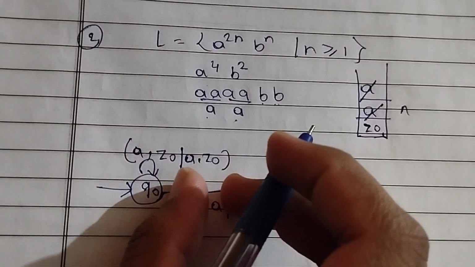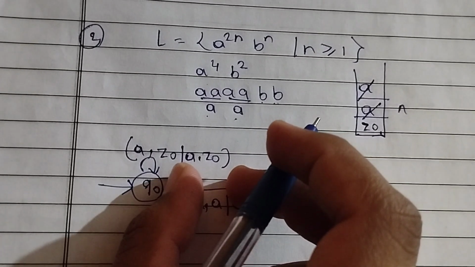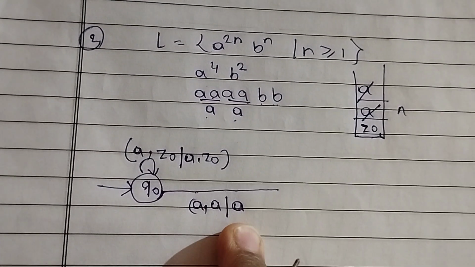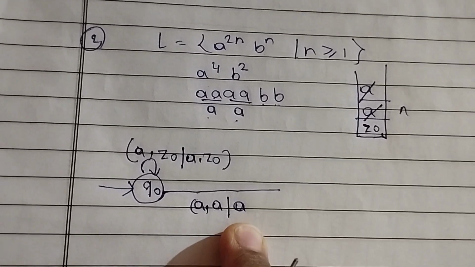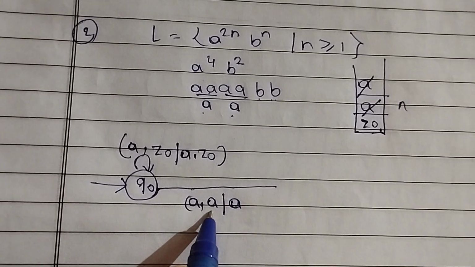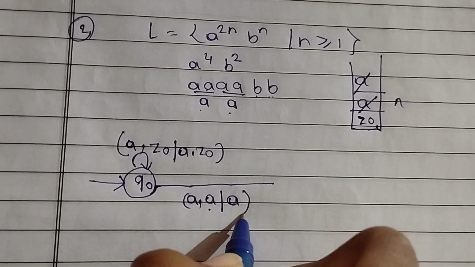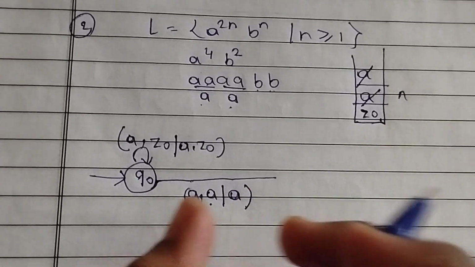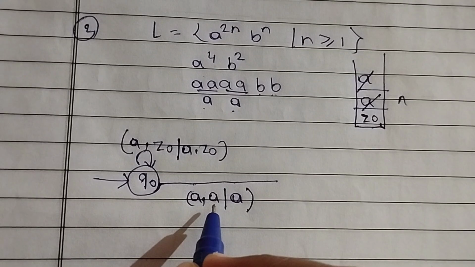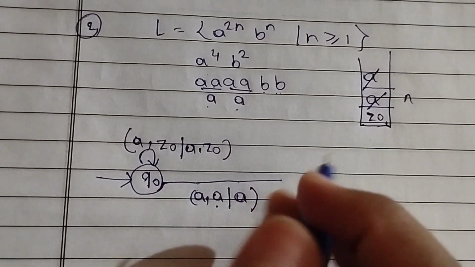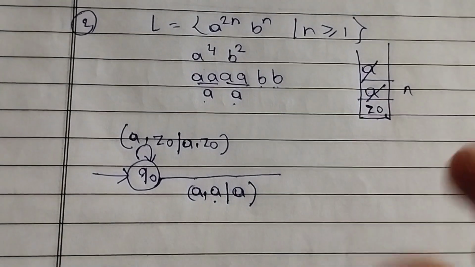If we write 2 variables, that time we push, but when we write 1 variable, then we replace this variable, meaning keep this variable as it is. So when a is present, we read a, keep a as it is, do nothing. The meaning of this bracket is keep this a as it is, don't push this a, and don't pop either.